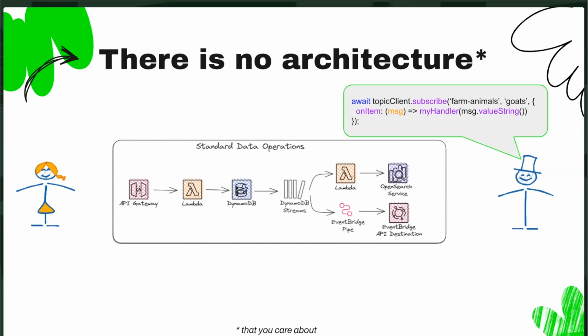Based on your style guides, that could actually be 1 line of code, but for the example, it's 3 lines. And all he's done is say, subscribe to my farm animals namespace, to the goats topic. So every time a goat thing comes through, I want you to run my handler function, my code, with the value out of here. And that's it.